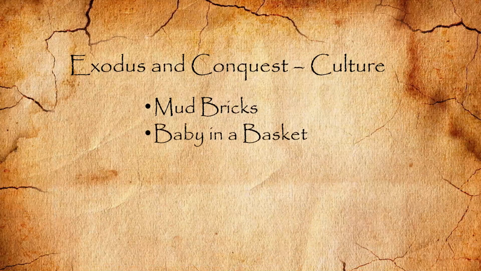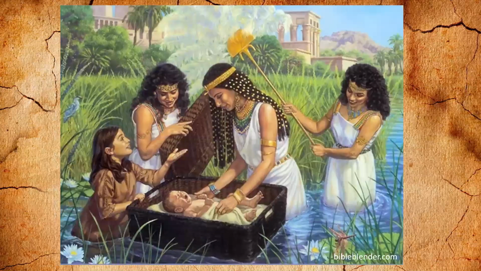Let's talk about babies in a basket. We have the story of Moses, and one of the big discussion points in biblical archaeology is we know that there is a parallel story in Mesopotamia that is attributed to the birth of Sargon of Akkad, or Sargon the Great, who was a big king who conquered a great deal of Mesopotamia, who was supposed to have lived somewhere around 2371 to 2316 BC.